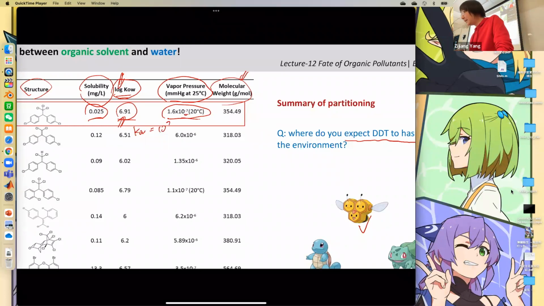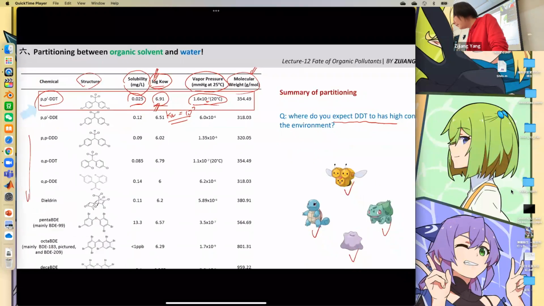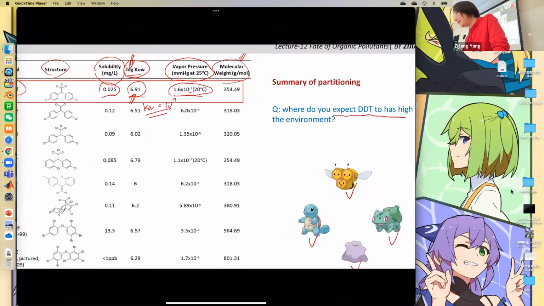So even though we cannot compare the absolute water solubility with other things, we can predict that when DDT dissolves in water, it will quickly leave the water to the organic phase. So we would expect that at least between these two phases, DDT will prefer to stay in the biota or in the organic phase.